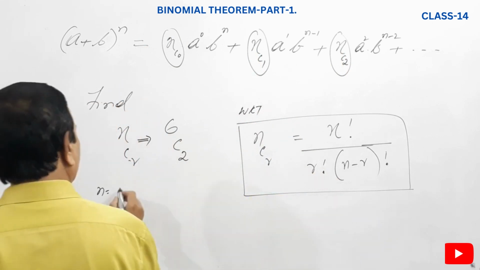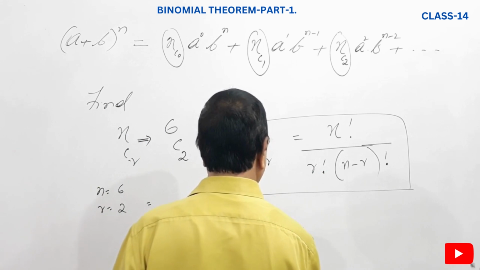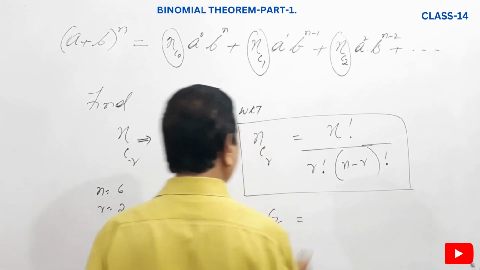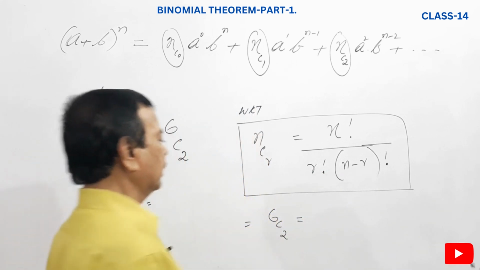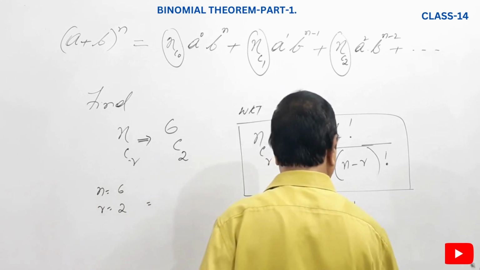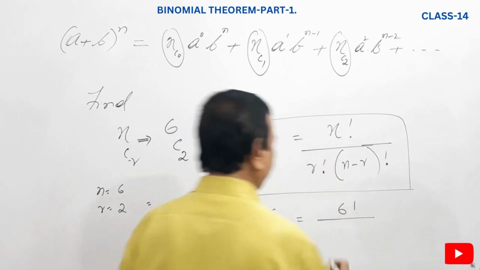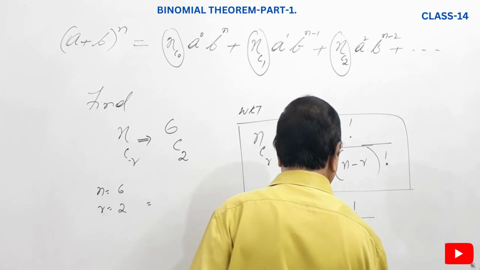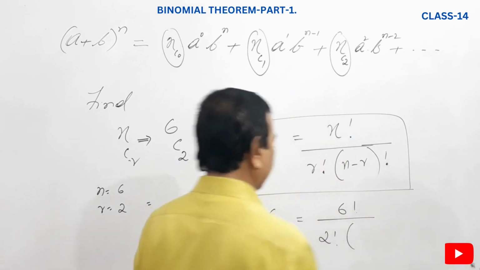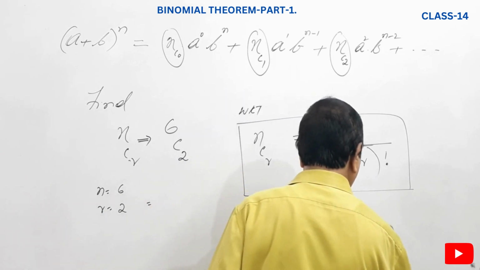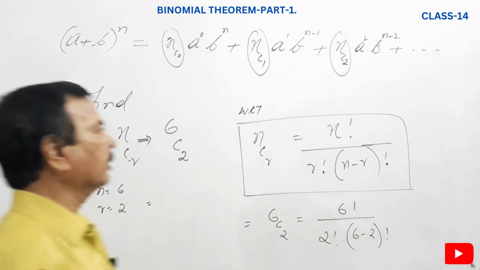We will do one problem. 6C2, which is nothing but n factorial, n is 6, 6 factorial by r is 2 factorial into n minus r, 6 minus 2 factorial, right?